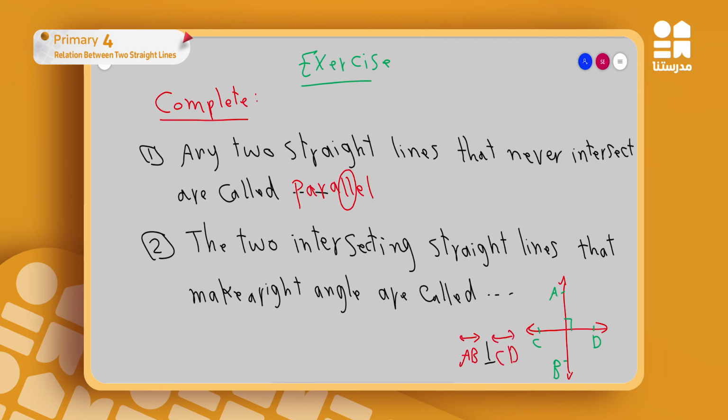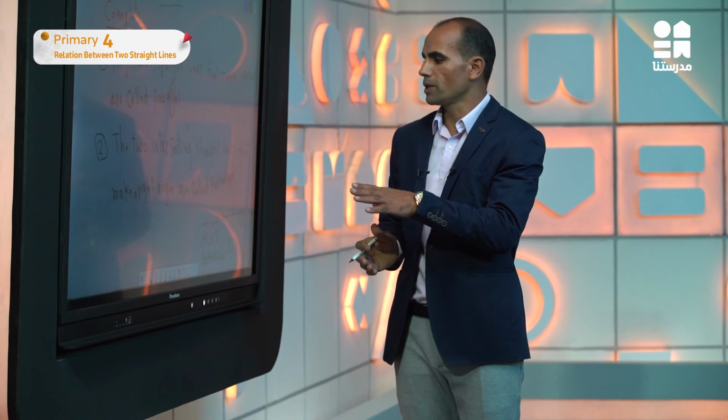So this sign is called perpendicular to. This sign is called what? Perpendicular to. And the correct answer here is perpendicular. So the relation between the two straight lines may be parallel, may be perpendicular, or intersecting.